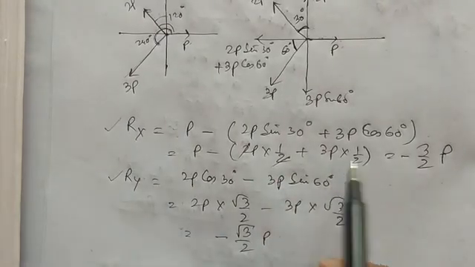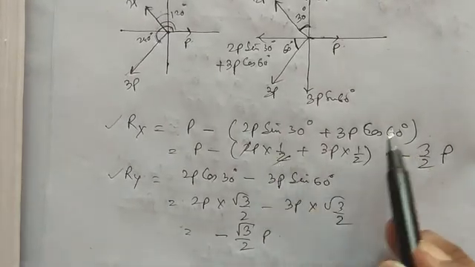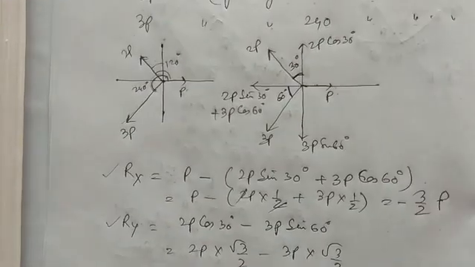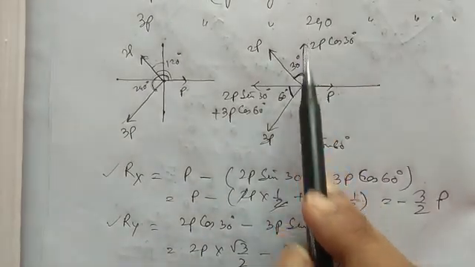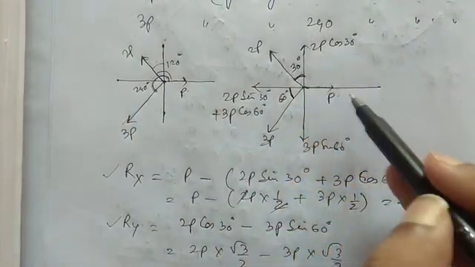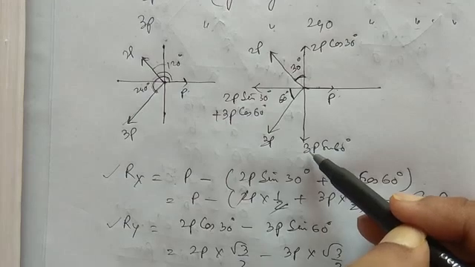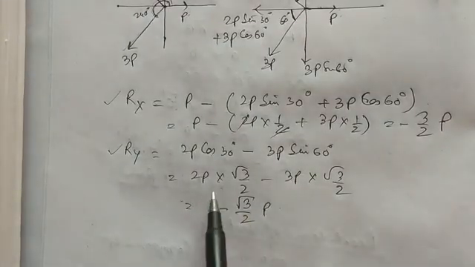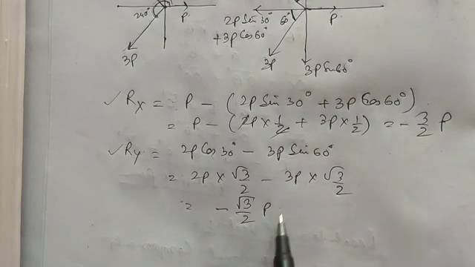Calculating these values, putting the values of sin 30 and cos 60, we get minus 3 by 2 P. Again, we have to find the resultant along the y-axis. So 2P cos 30 is along the positive y-axis and 3P sin 60 is along the negative y-axis. According to this, we get the resultant along the y-axis as minus root 3 by 2 P.